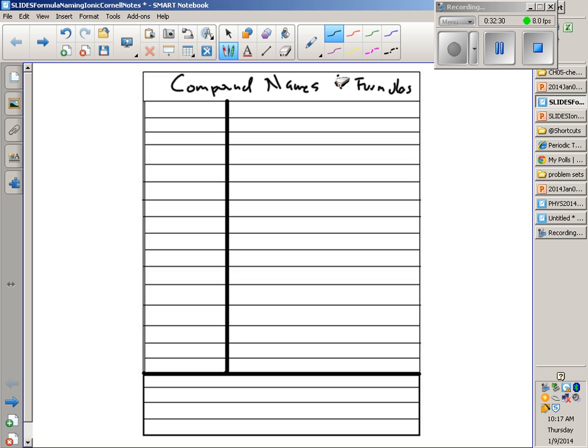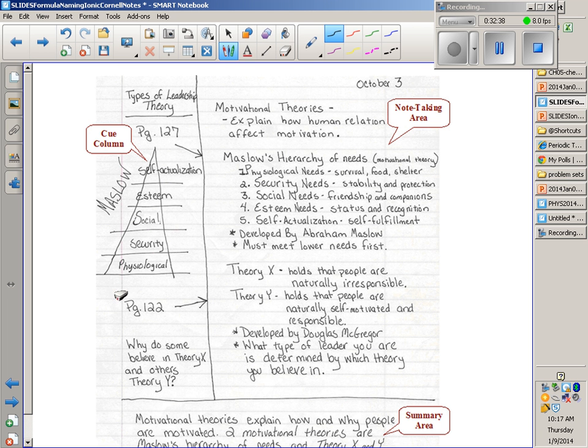Now, the Cornell notes have 3 parts. Okay? You don't necessarily have to call them this, and you don't have to label them this, but the small section on the left, this example calls it the Q column, or sometimes we'll call it the big ideas. These are your main ideas that you read throughout that little section.